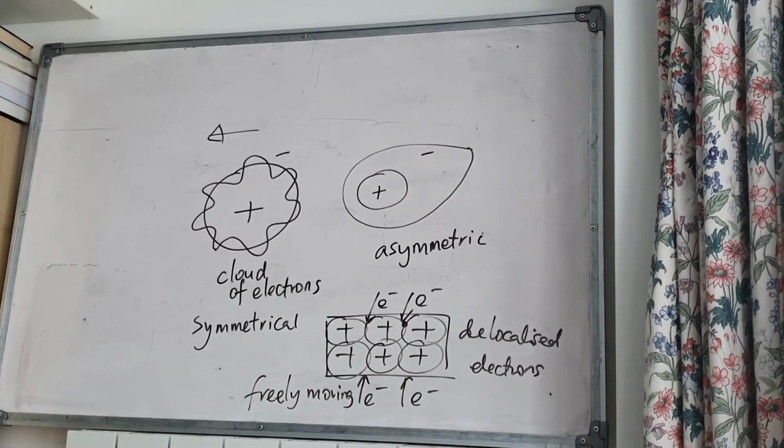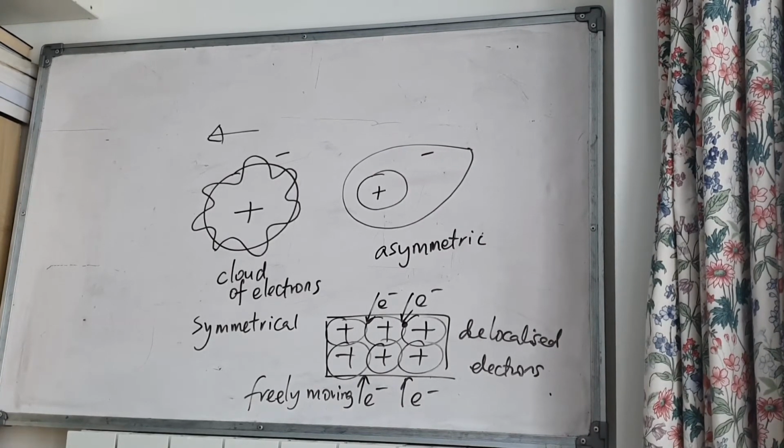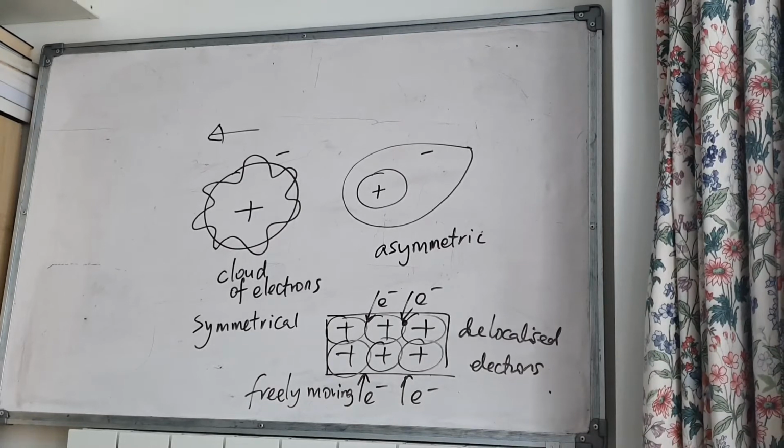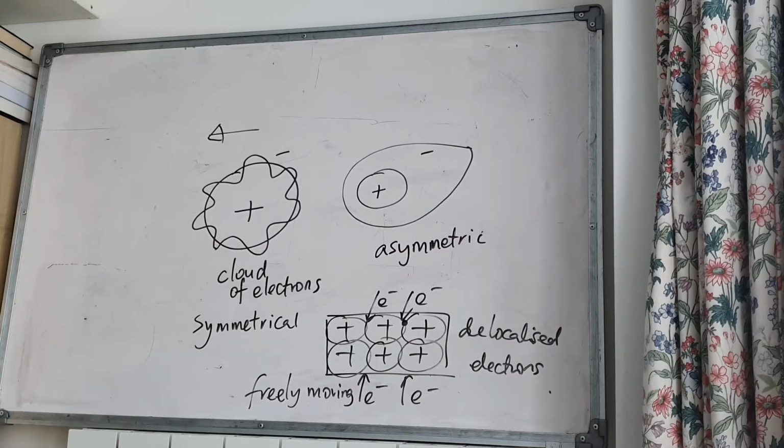But because in an insulator the electrons are trapped, the electrons are not freely moving. The cloud of the electrons can only become asymmetric. However, for a conductor, because the electrons are delocalized and freely moving, static electricity is very difficult to occur.